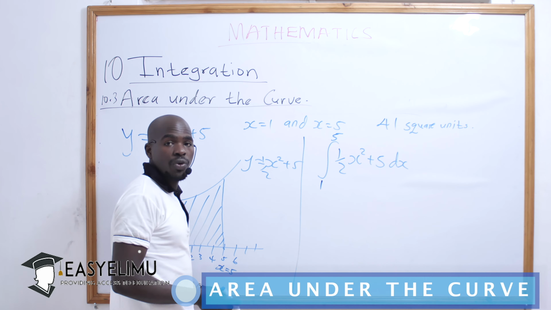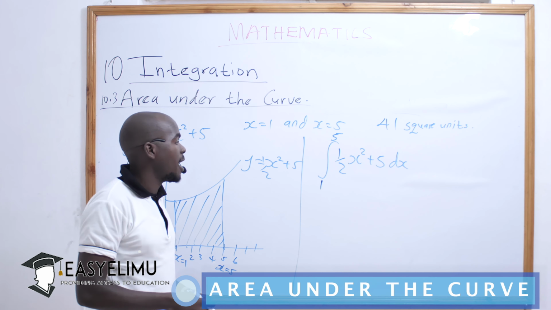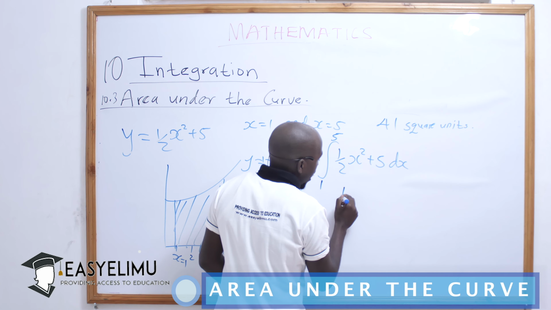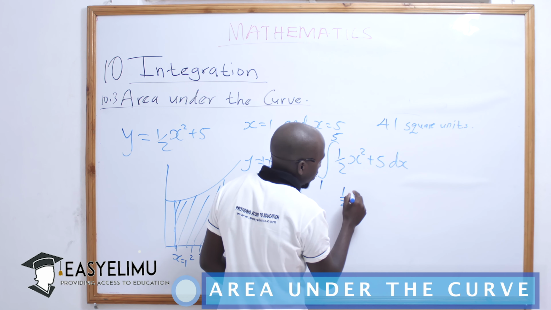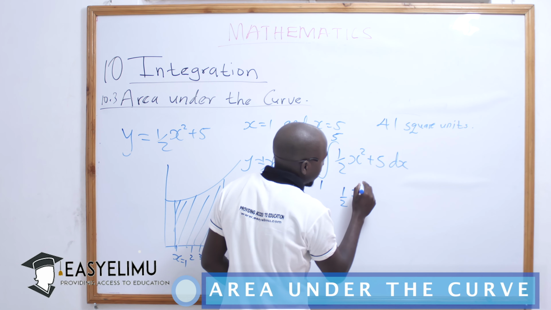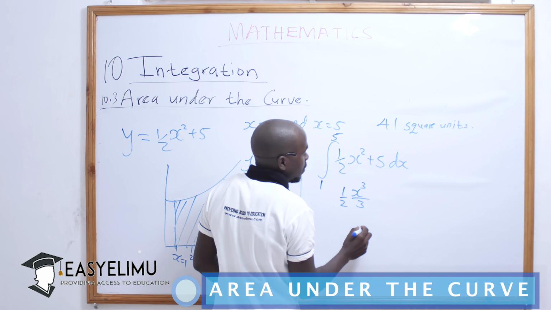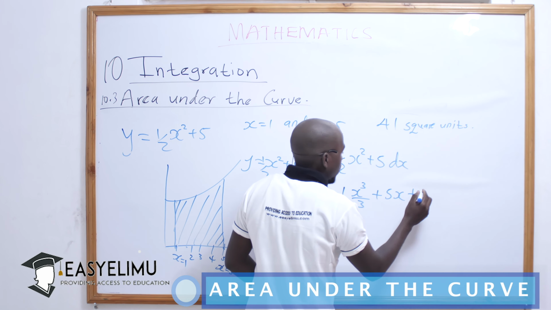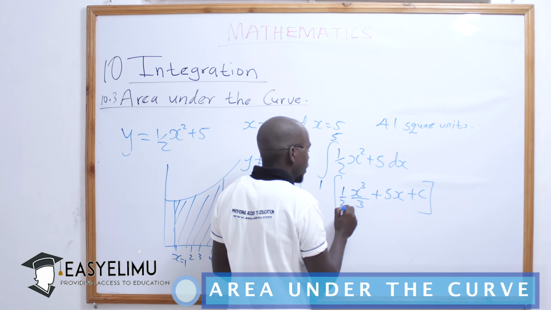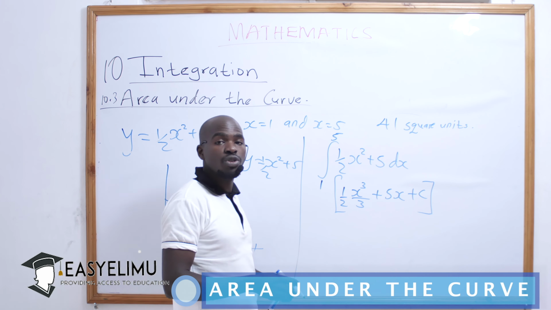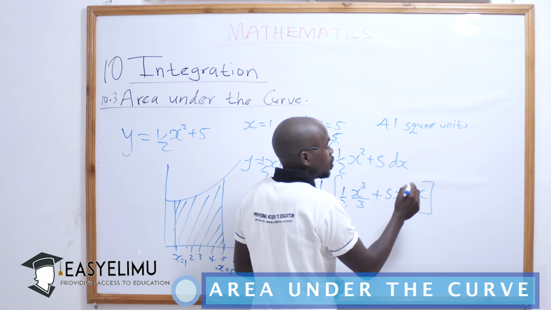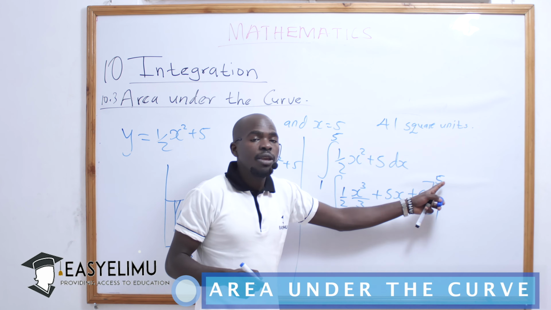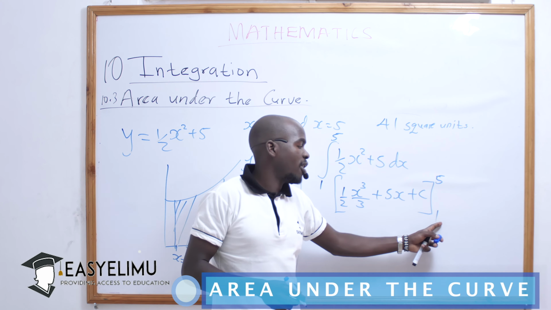Having that, we can easily find the area. I will take a half multiplied by x cubed over 3, then plus 5x plus c. Remember, you enclose it in a special bracket and put the limits of integration, starting with the upper limit, which is 5, and then the lower one.